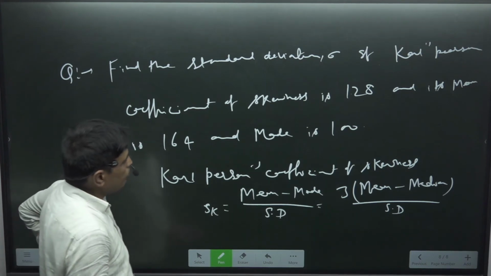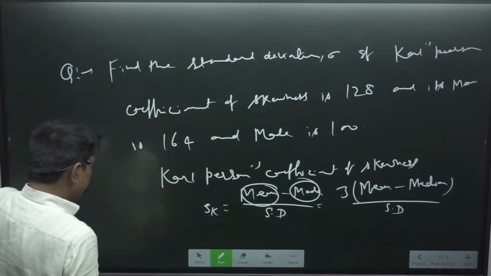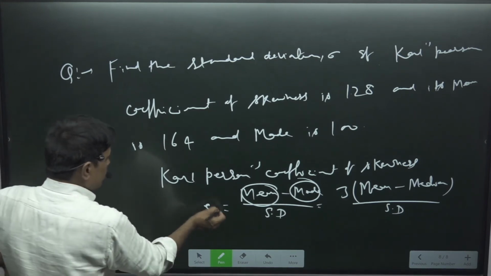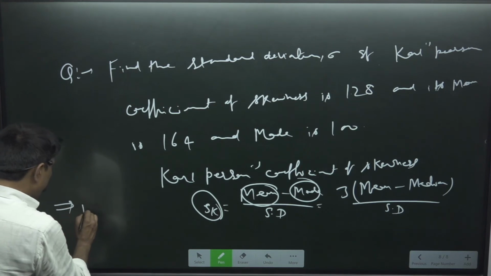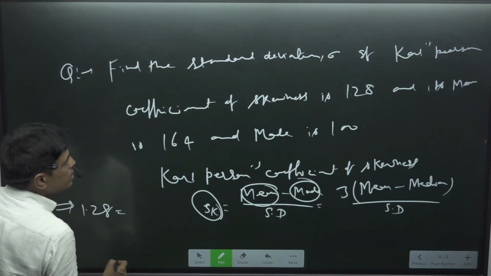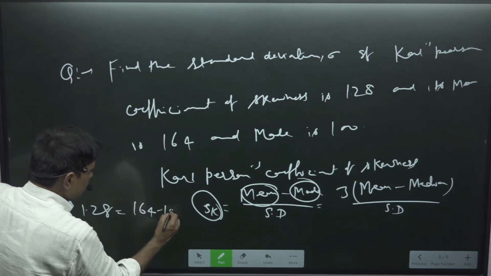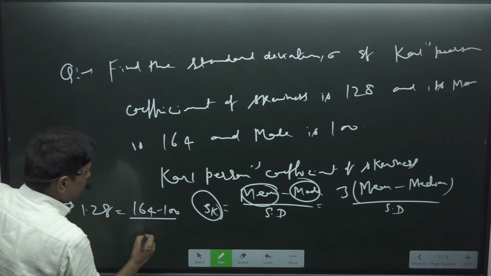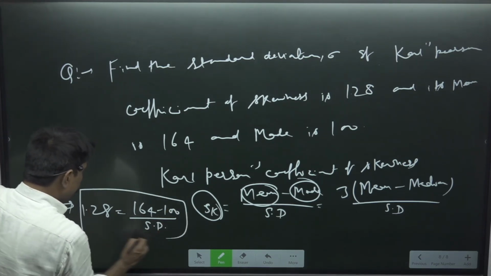So here mean and mode are given. So that's why skewness is given. Pearson skewness is 1.28, implies that 1.28 equals mean 164 minus 100 divided by standard deviation. So we have to calculate the standard deviation.